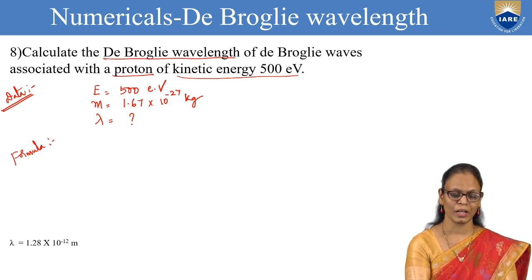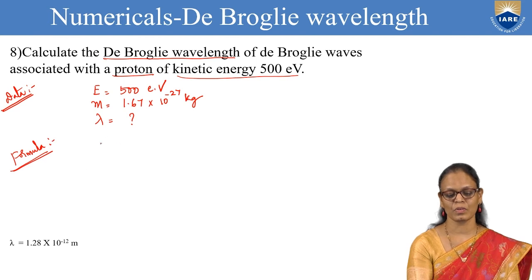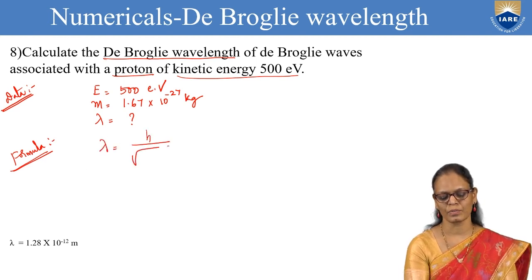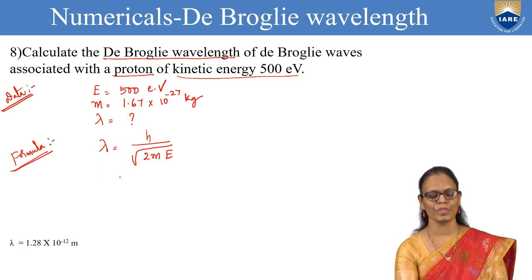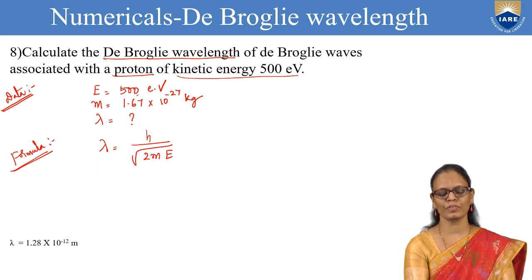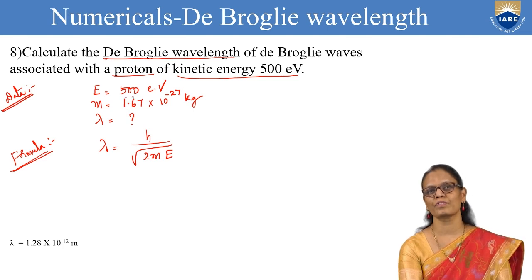If energy is given, we'll use the formula lambda is equal to h upon under root 2mE. h is a constant, m you know, E you know. You can substitute. But before proceeding, you will have to convert this 500 electron volt to joules, because in SI system, energy is expressed in joules.